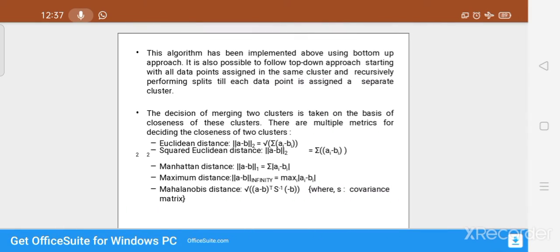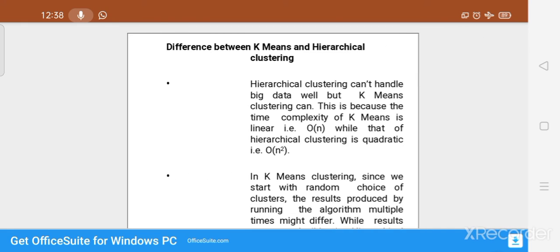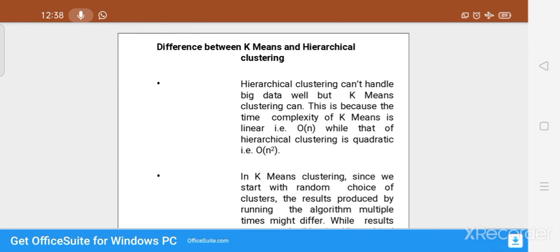Okay, so this is all about the hierarchical clustering, where we can depict the clusters by using the dendrograms. Now you see the difference between k-means and hierarchical clustering. As we know, hierarchical clustering can't handle big data because at the bottom we have to consider each cluster separately. So if more data is there, it's very difficult to handle using hierarchical clustering, but k-means clustering can handle this.